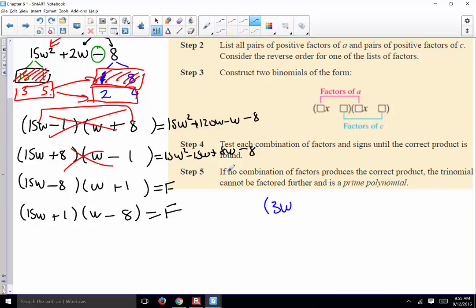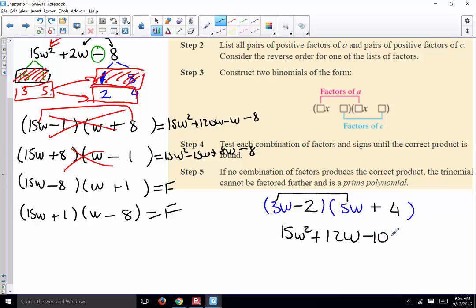So it is 3w and 5w options, and 2 and 4. 2 and 4, but again negative and positive, they should be opposite. And multiply this out: 15w squared plus 3w times 4, 12w, minus 2 times 5, minus 10w, minus 2 times 4, minus 8, and look at this.